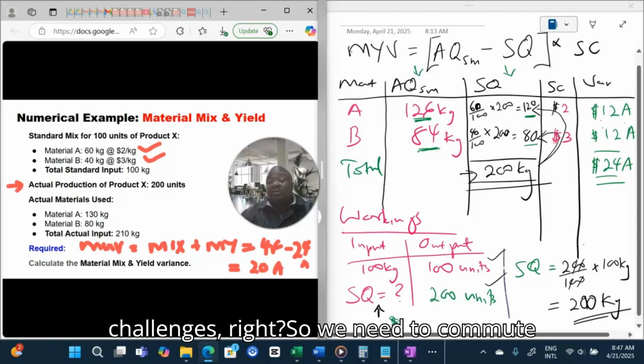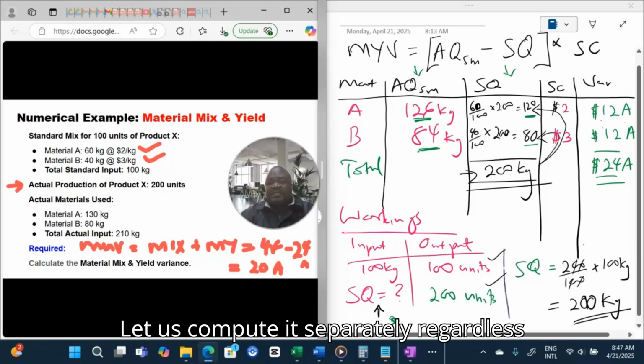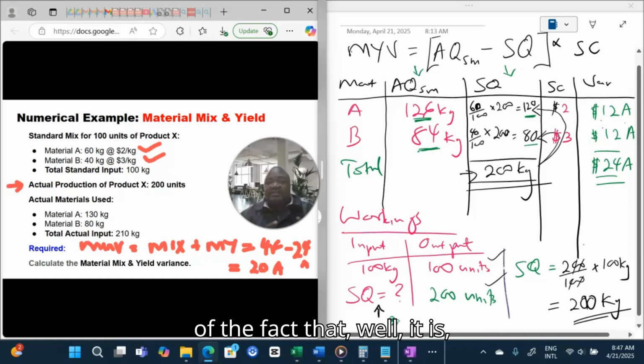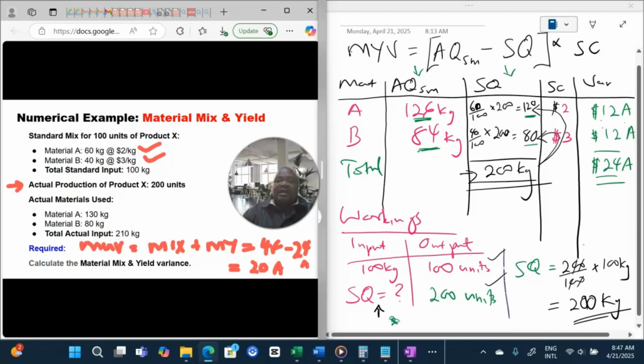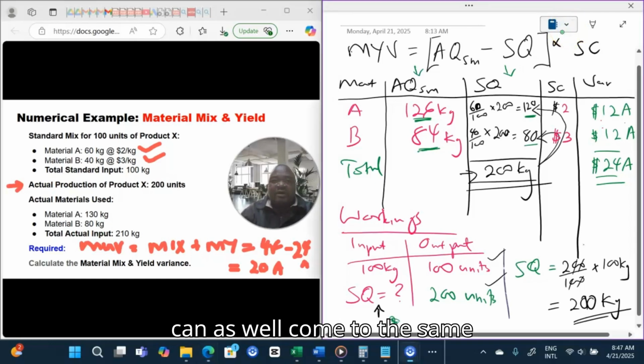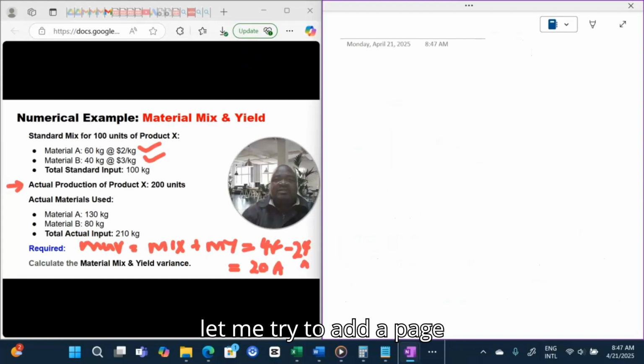All right, so we need to compute the material usage variance separately, regardless of the fact that it is the sum of the material mix variance and material yield variance. So let us do the computation separately to see if we can come to the same conclusions. All right, so let me try to add a page there.